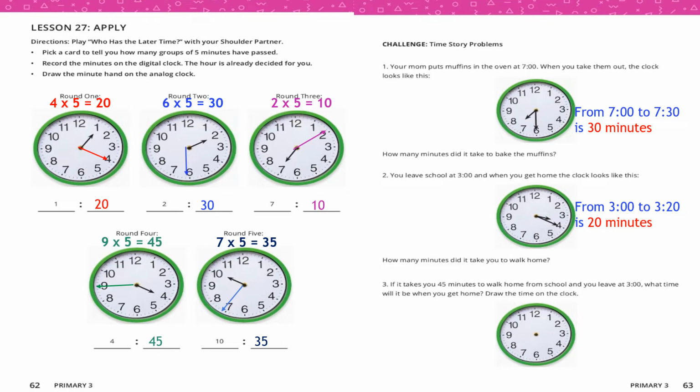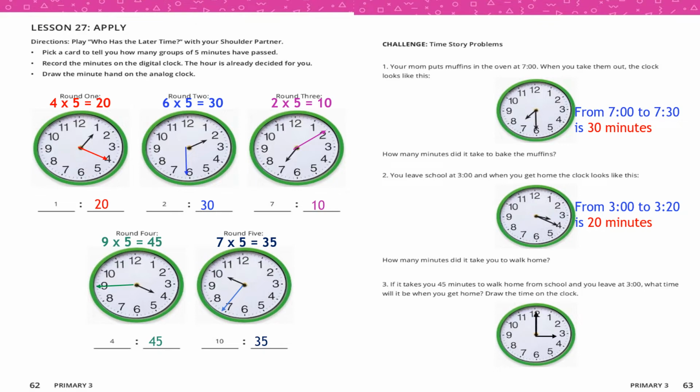Number 3, if it takes you 45 minutes to walk home from school and you leave at 3 o'clock, what time will it be when you get home? You left your school at 3 o'clock and it takes you 45 minutes. So we will add 45 minutes to 3 o'clock.